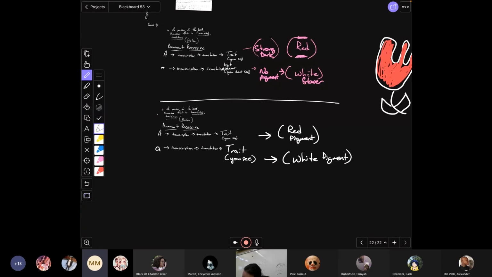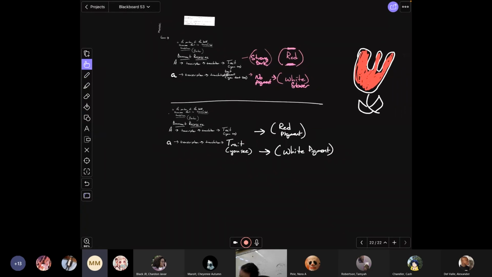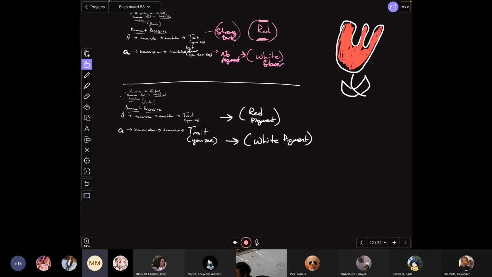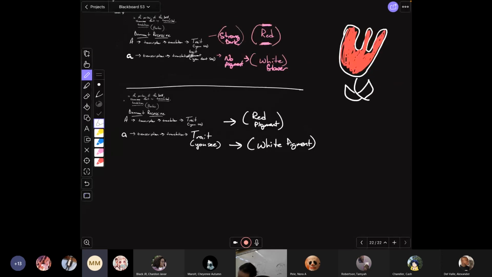In the first example, the little a doesn't work. So you get big A, you get red. End of story. So that's how you get a red flower, because the little a doesn't really give you anything at all, and so the big A takes over.